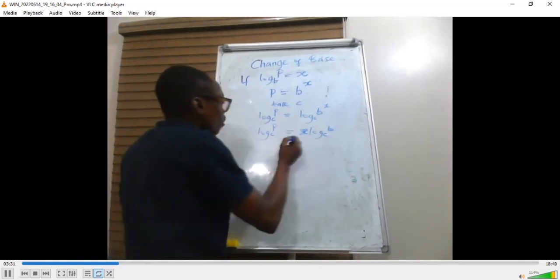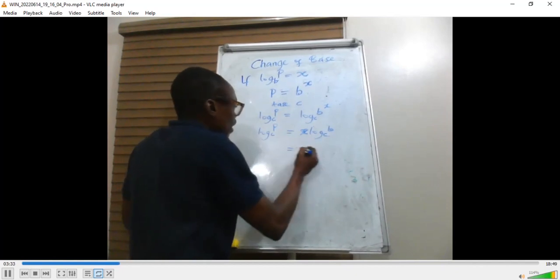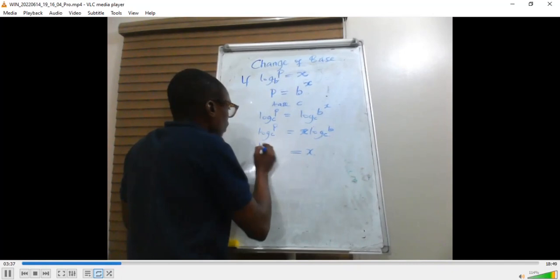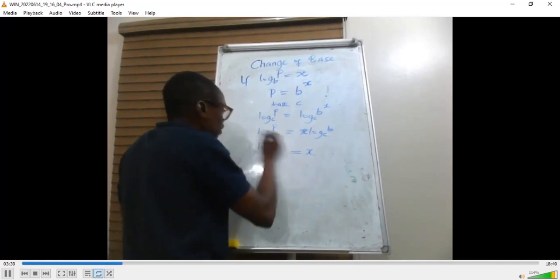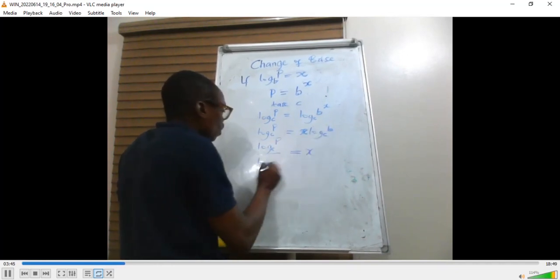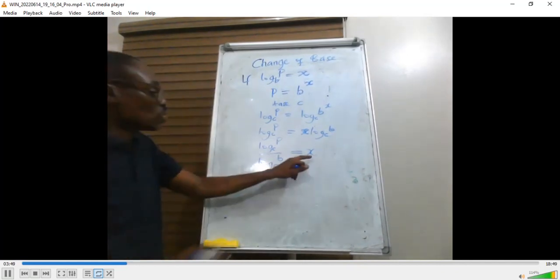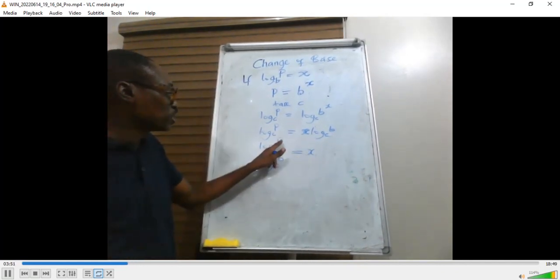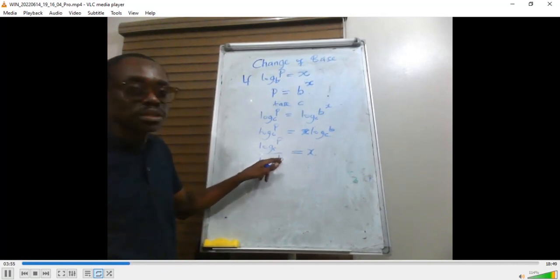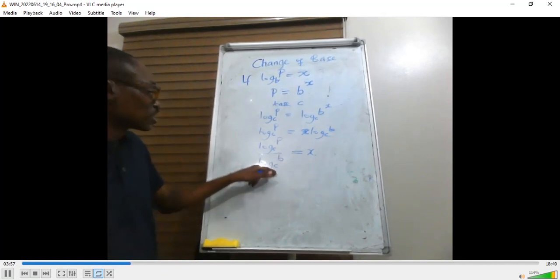So from here right now, x is equals to the log of p base c over the log of b base c. So x is equals to the log of p base c over the log of b base c.